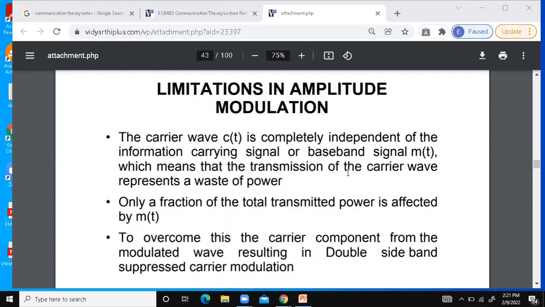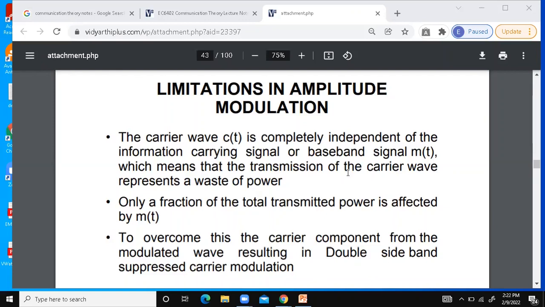So the information moving from point A to B is consuming power, and the carrier is also consuming power.